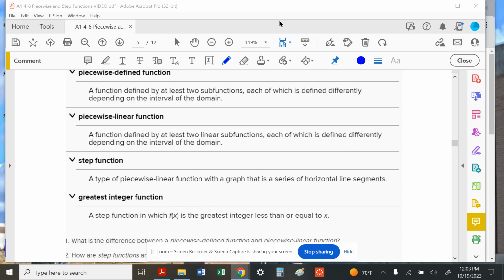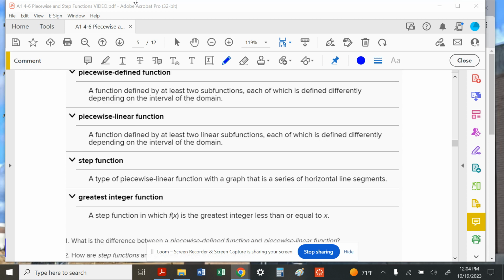So when we're looking at something like that, for example, if we're trying to find out how much it costs per student on the bus, a greatest integer would say, well, we can have 2 students, that's going to cost us $20, $10 each or something like that. But with the greatest integer, if we can't have 2.5 students, that doesn't make any sense, so the next integer up would be 3.